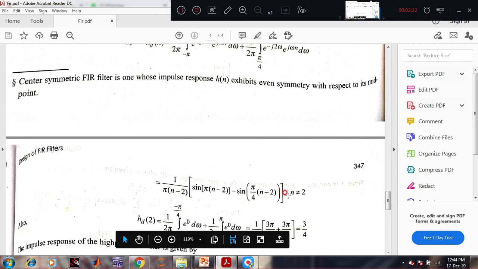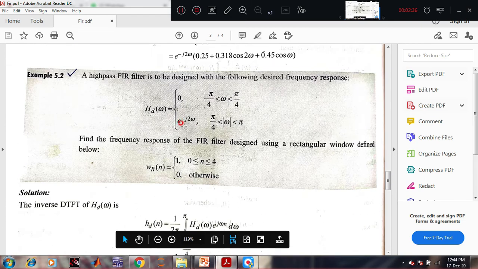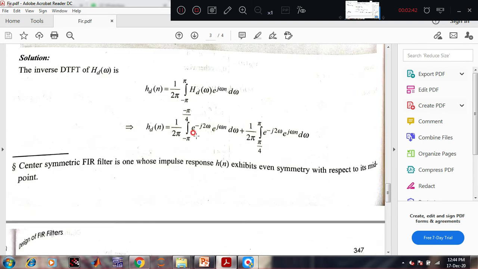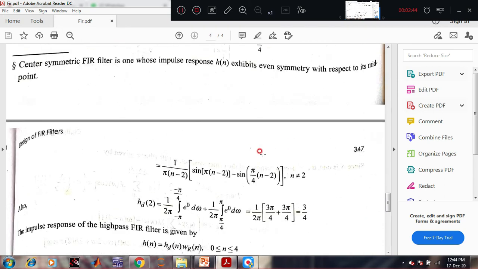So if you simplify this, for n not equal to 2, because if you compare the general frequency response with this one, alpha is equal to 2. So when n is not equal to 2, what is Hd of n?